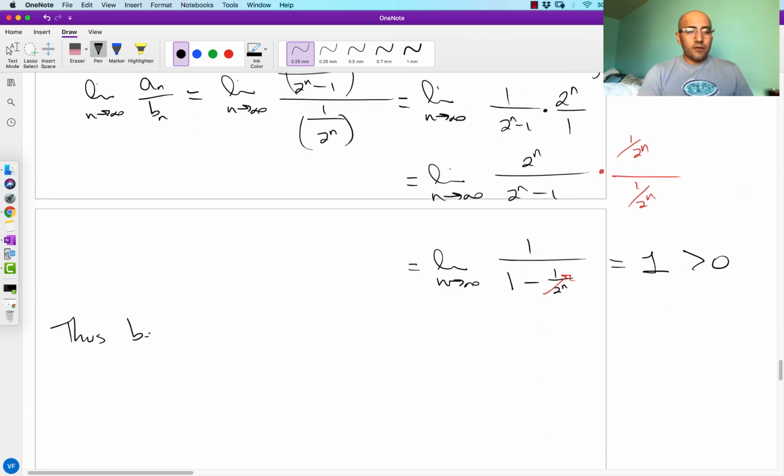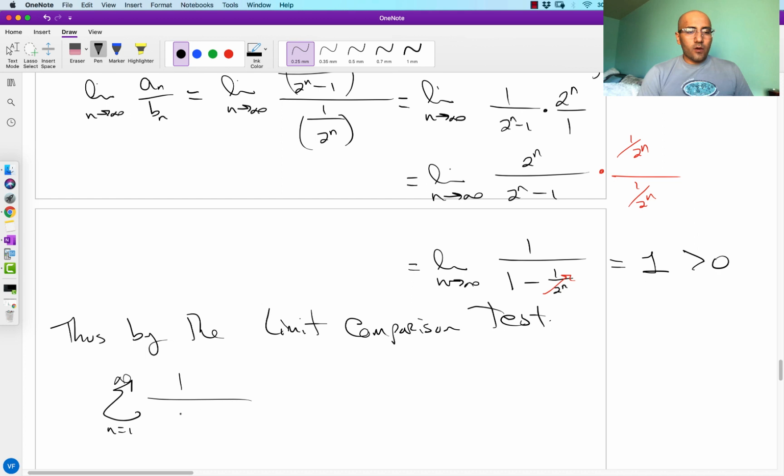So thus, by the limit comparison test, the sum from n equals 1 to infinity of 1 over 2 to the n minus 1 converges.